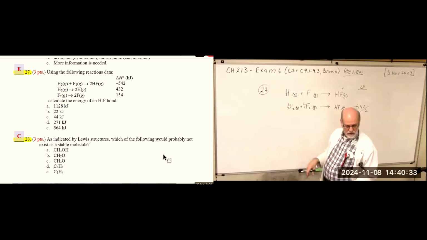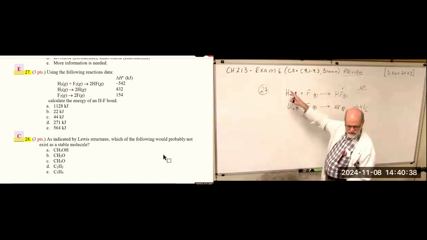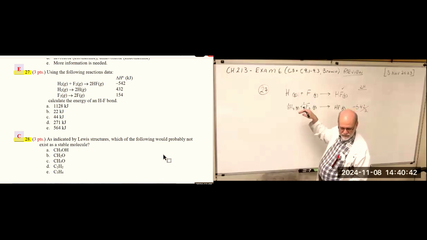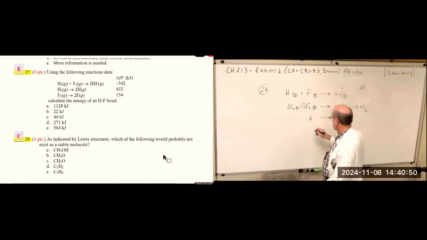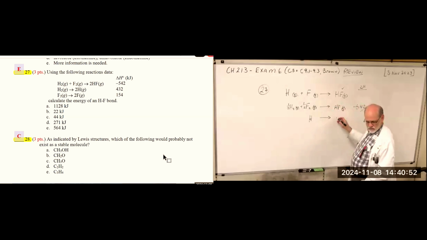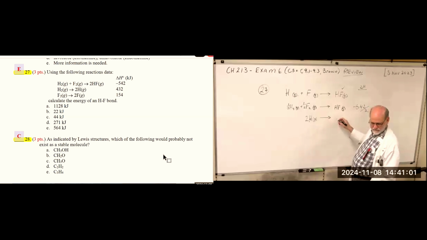Now we want H on this side. We've got H2 yields 2H, but we need to flip it. So we need H on this side. I'm going to write it the way it's given first.